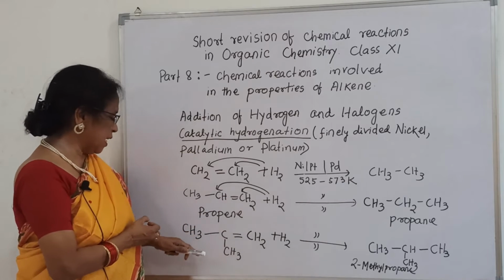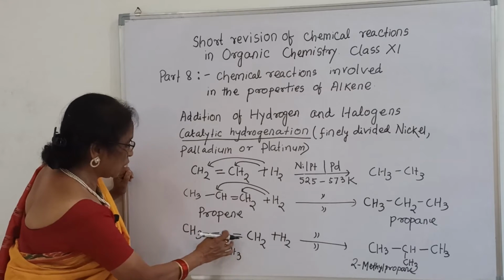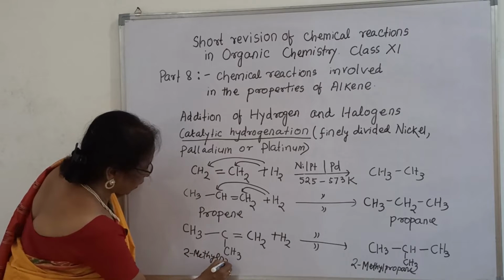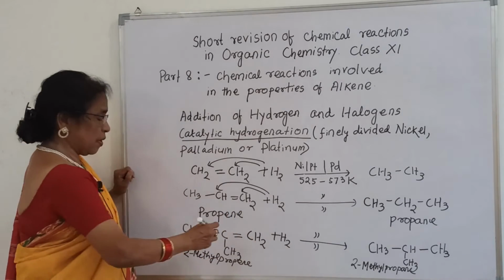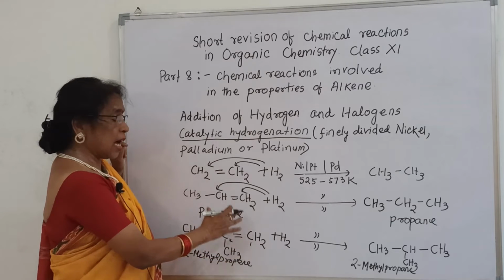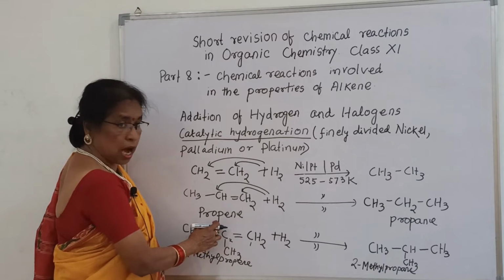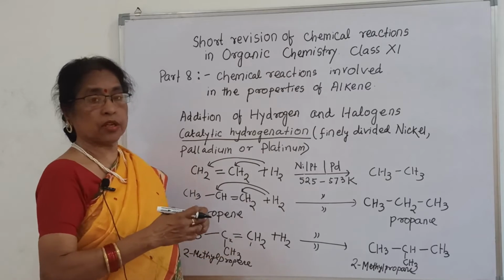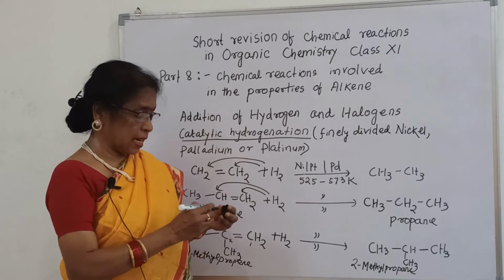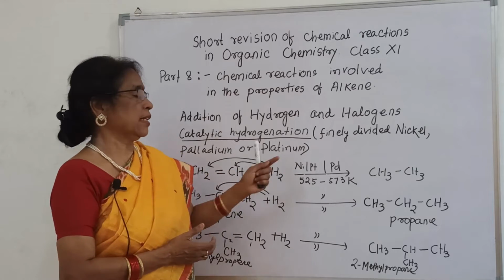Now here you can say what is the name of this structure? 1, 2. So 2-methyl propane. Here what happens? Between this carbon 1 and 2 carbon, there is a double bond, that is why hydrogen is adding to this 1 carbon and this 2 carbon, in presence of nickel, platinum, palladium, and temperature 525 to 573 Kelvin, and generally in hydrogenation this temperature and this catalyst are required.